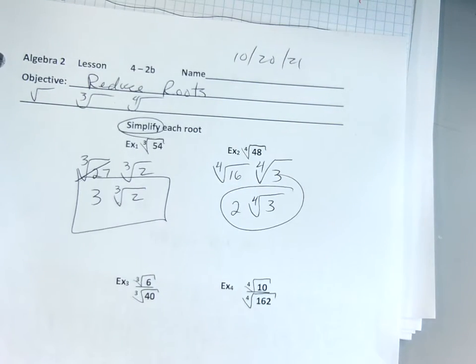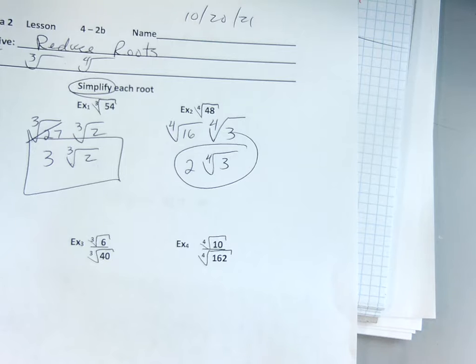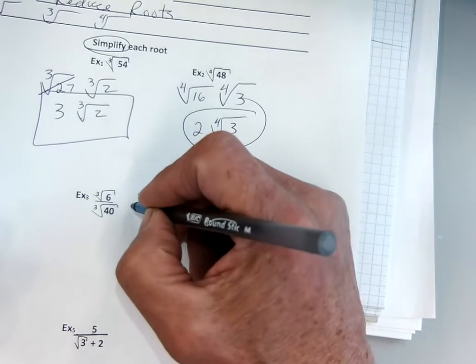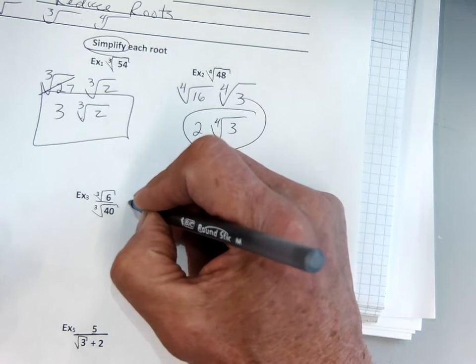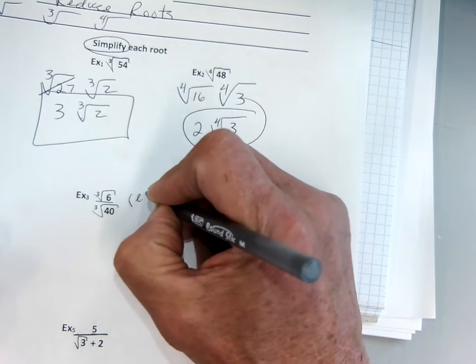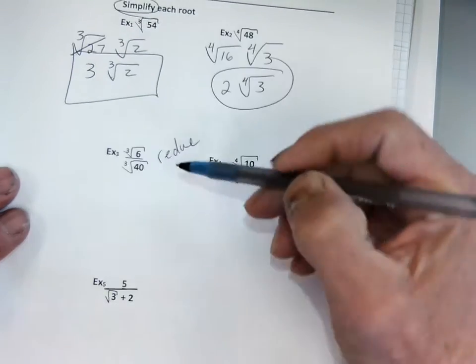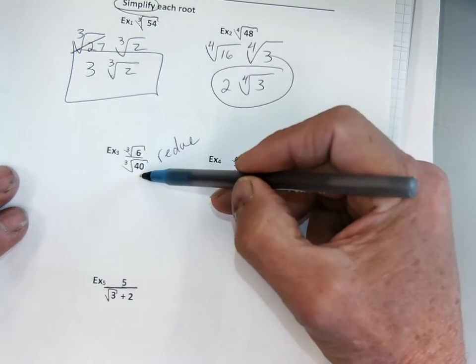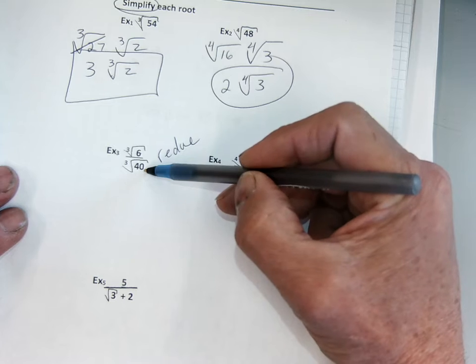Number 3. All right, well, I've got some fractions going on here, so maybe I can reduce it a little bit. 6 and 40 might reduce to 3 and 20, right?